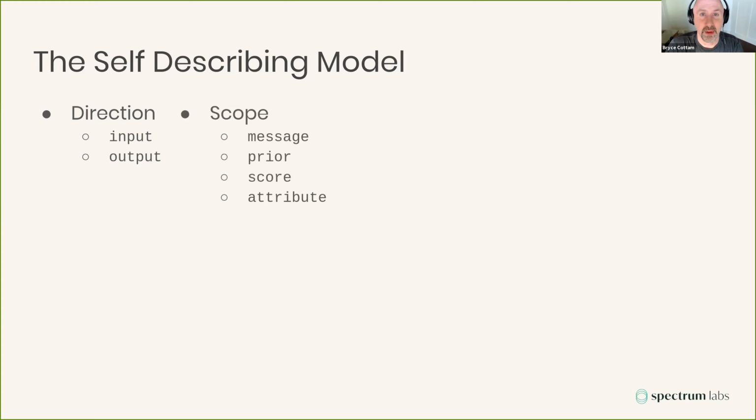Then there's scope. So we can pull data from lots of different places. And we have a handful of predefined areas to pull data from, like the message. This might be the content that the text is in, the language maybe of the message. It could be stateful tracking that's not part of the input that we get at runtime, but we can go read, like a prior for a Bayesian model.